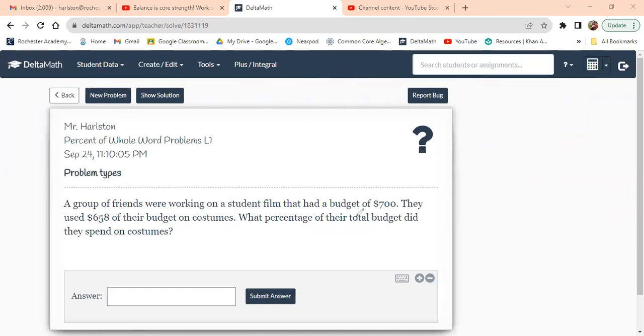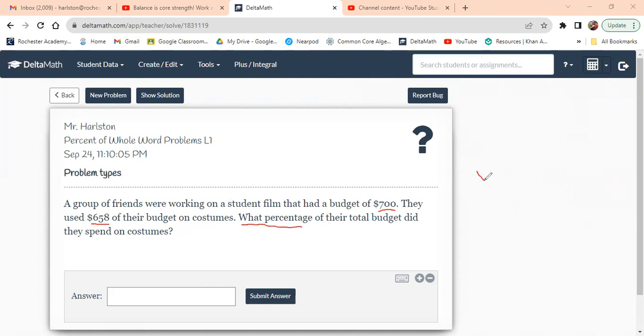Okay, so now it says a group of friends were working on the student film. They had a total budget. I put the total in there, but I had a total budget of 700. They used 658 on their costumes. What percentage of their total budget did they spend? So keyword here, what percentage?